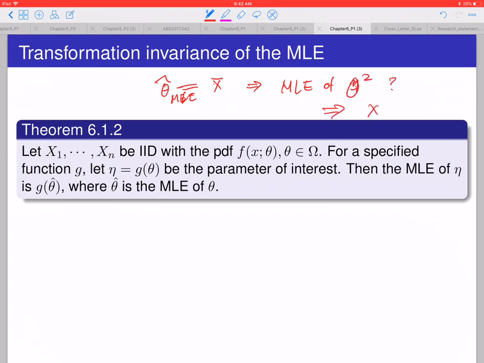Well, it's very simple. The answer is this. So it is transformation invariant. Given the transformation, the MLE of eta is just the transformation of the MLE.